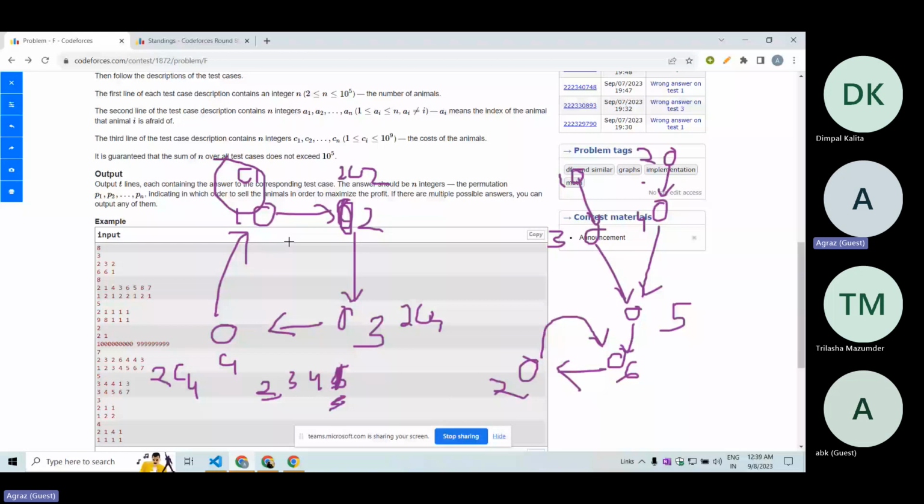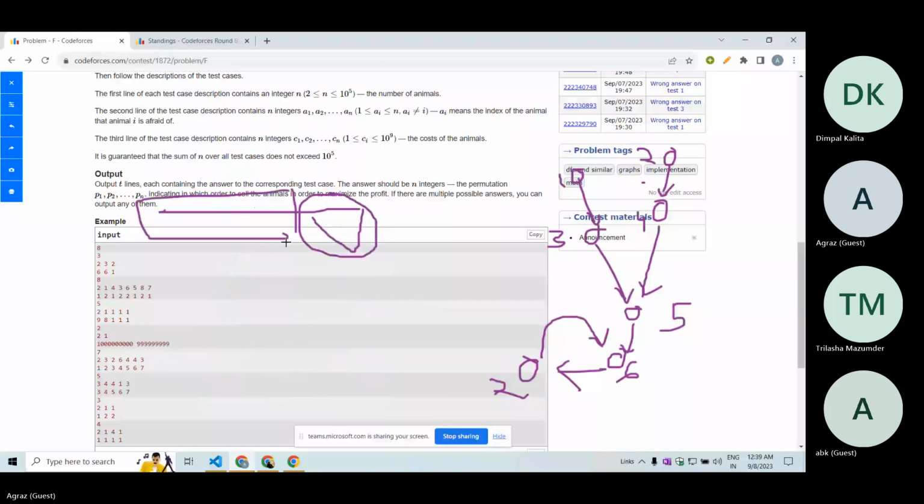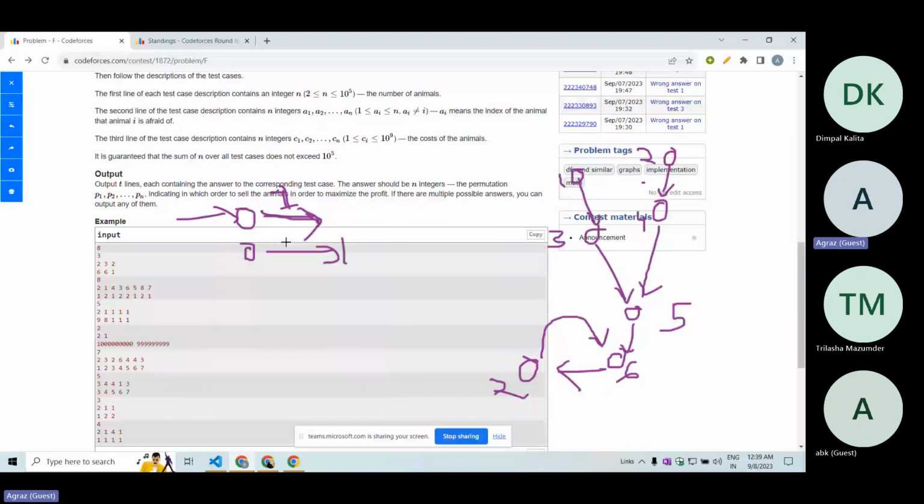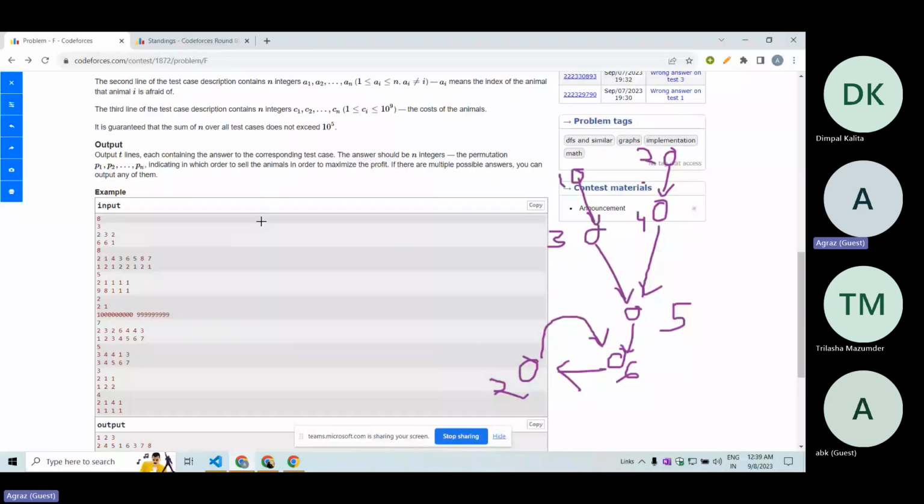So the order will be like this. For example, if I have a cyclic part like this, and it has a cost of 2, a cost of 3, a cost of 5, and a cost of 1.